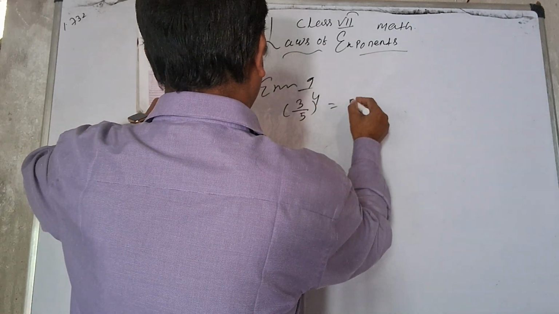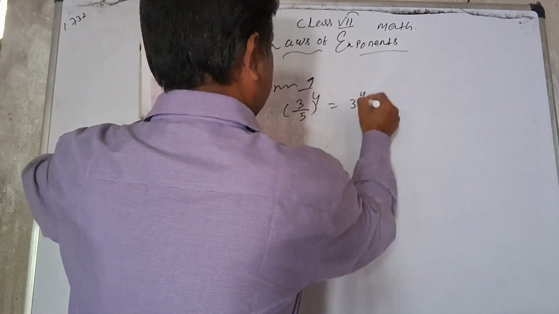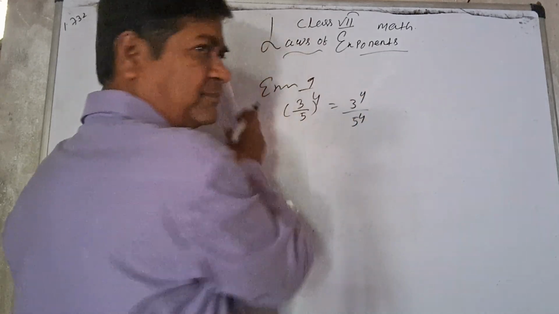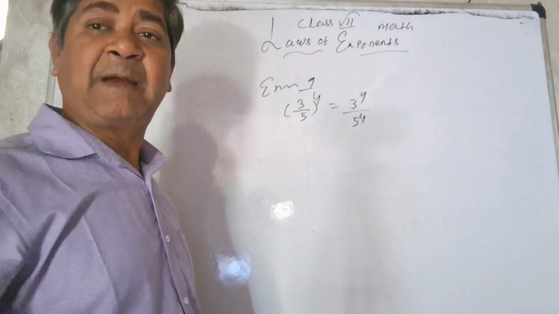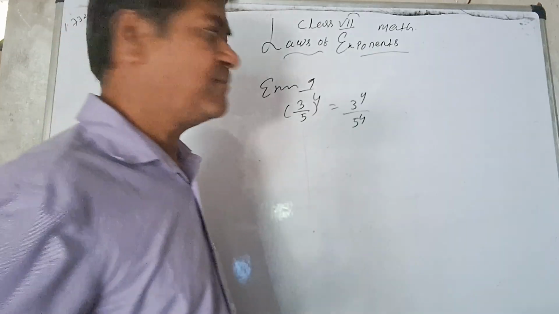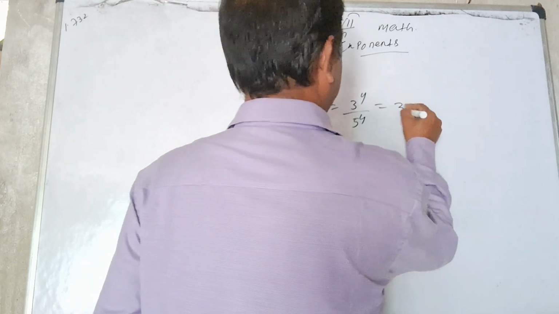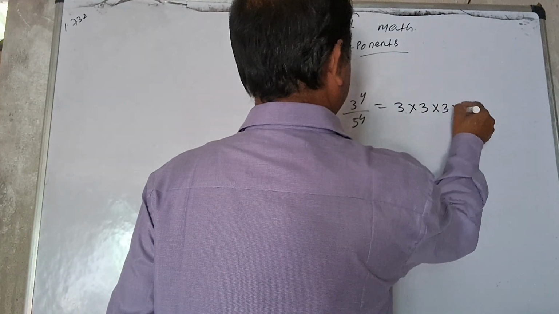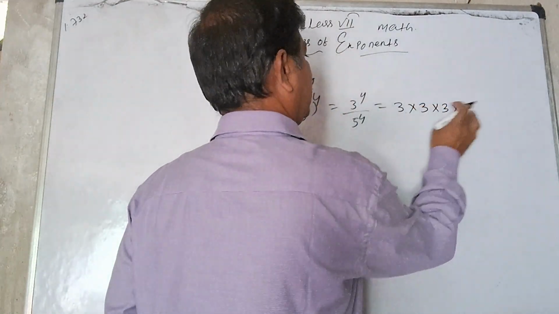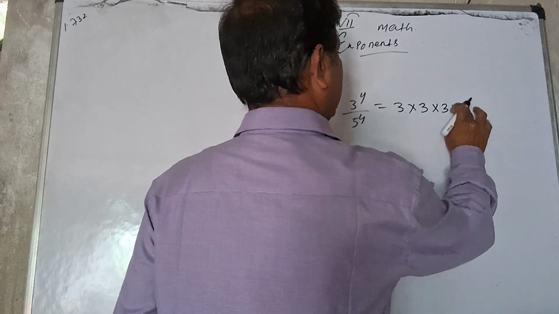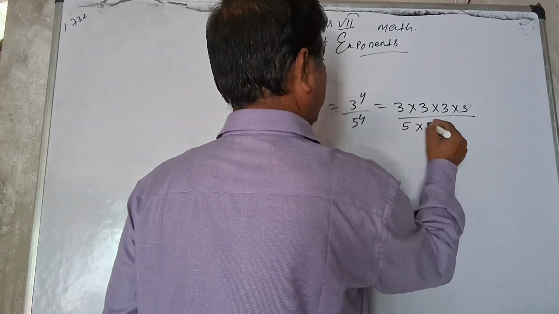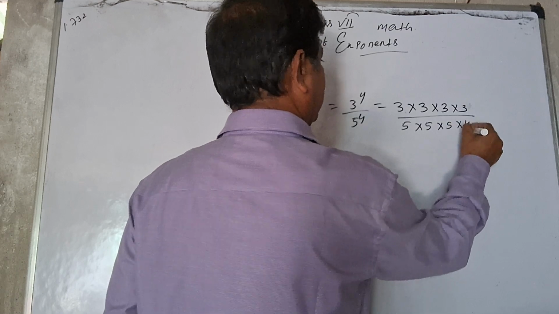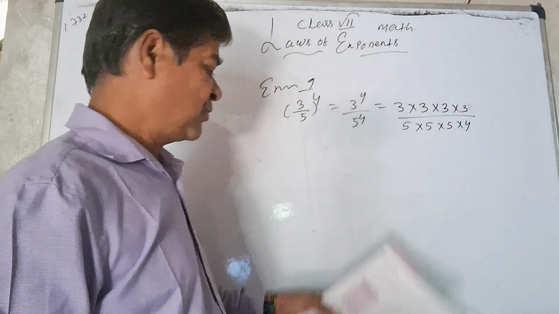The answer will be 3 to the power 4 divided by 5 to the power 4. Your answer will be 3 into 3 into 3 into 3, 4 times. Similarly, 5 into 5 into 5 into 5. This is the expanded form.